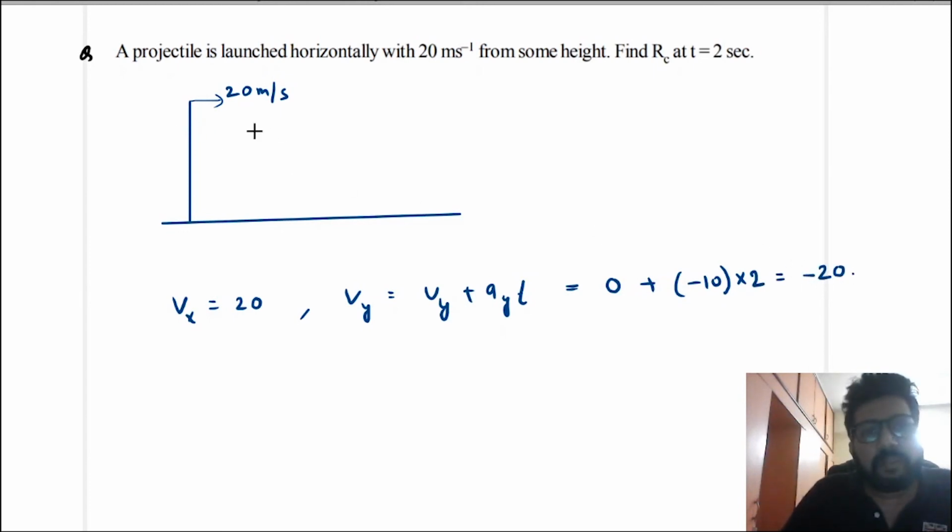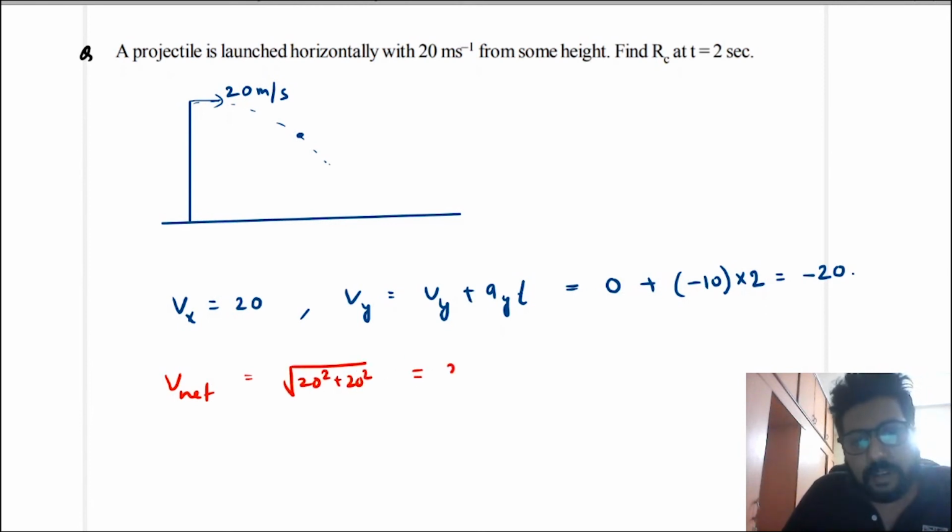So at t equal to 2 seconds, suppose it is at this point of its trajectory and the speed Vy and Vx both are 20. So the net magnitude of speed will be under root 20 square plus 20 square, that is equal to 20 root 2. So the speed at this point is along the tangent, that is 20 root 2.